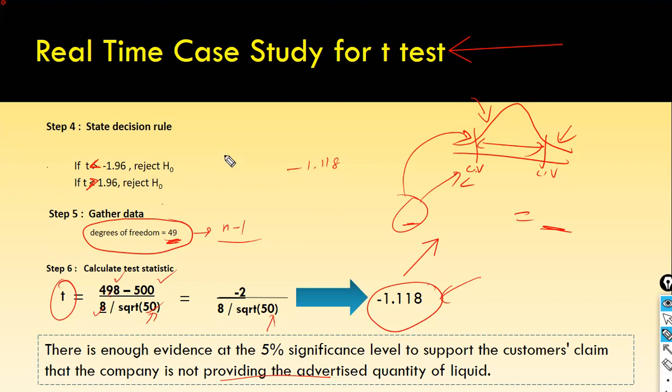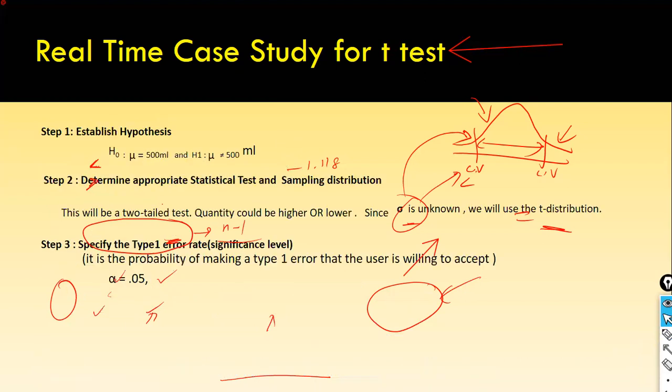What is our null hypothesis? We assumed that whatever statement the manufacturer made was correct: the 500 ml is there in the can. That is what we assumed. But we did the sampling, and finally, when we compared the statistic value with the critical value, we failed to reject the null hypothesis.